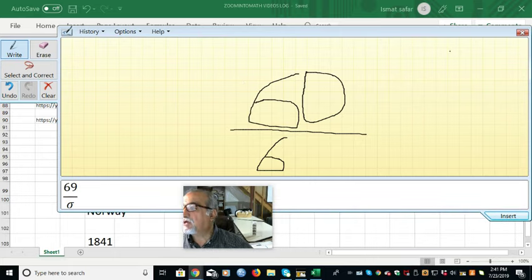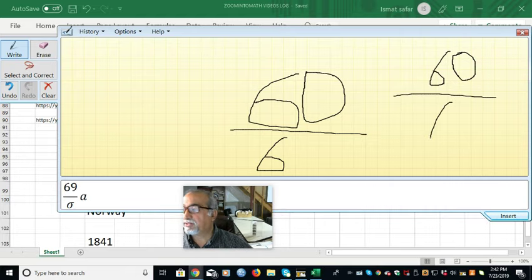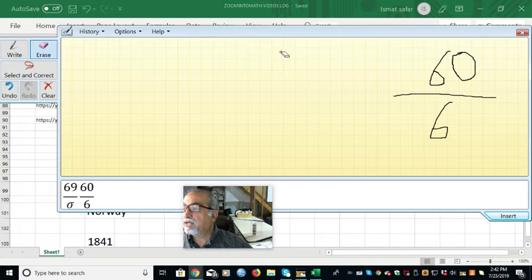In fraction form, what is it? 60 on the top in the numerator and 6 in the denominator. And we want to divide 60 by 6.